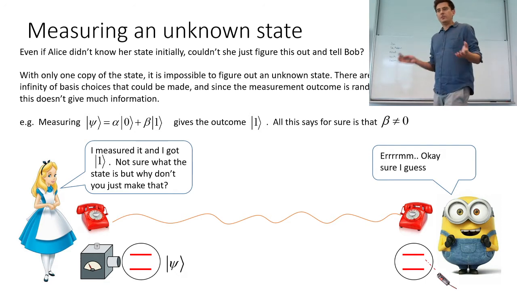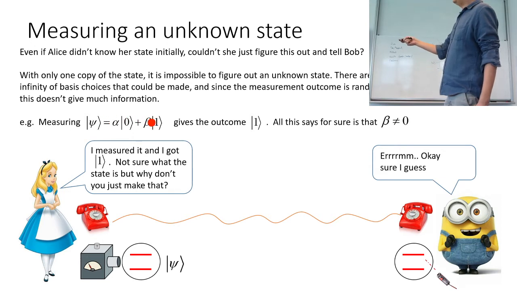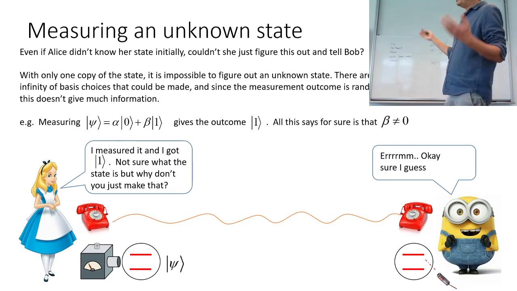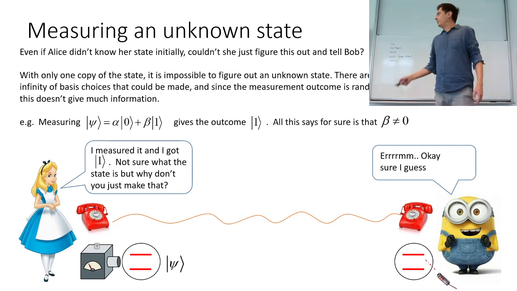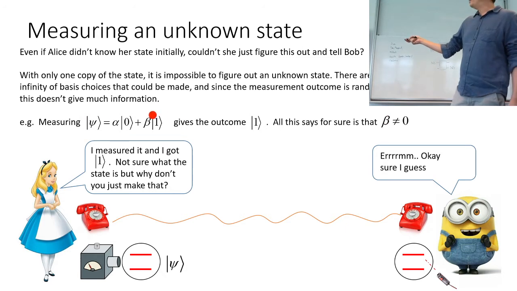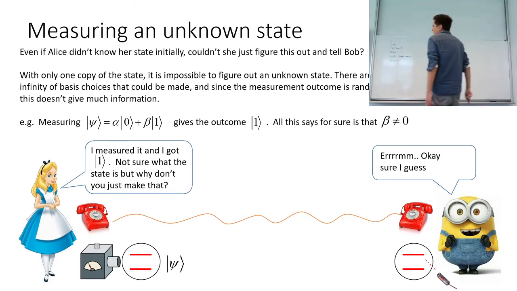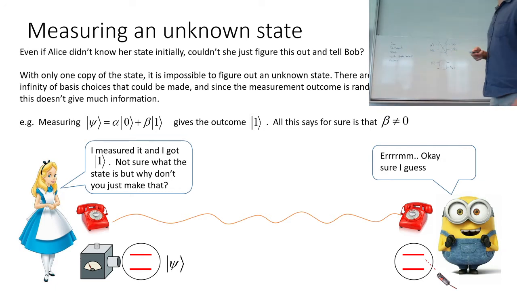It's a random process, so it could have been 1, but if alpha and beta were 1 over root 2, it would just have happened to give 1, 50-50. All it really says for sure is that beta was not 0. The fact that you got 1 means it's not 0, but apart from that, it could have been anything.